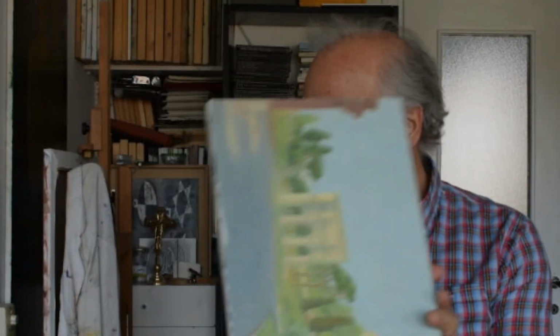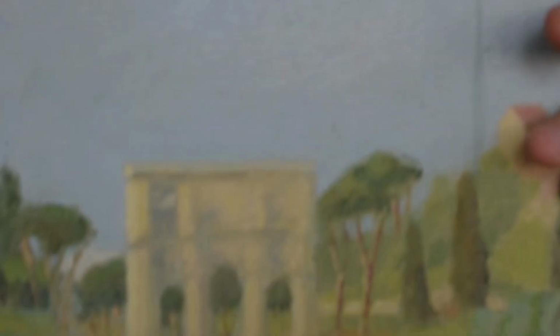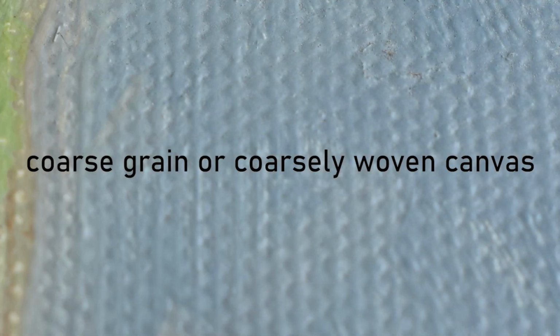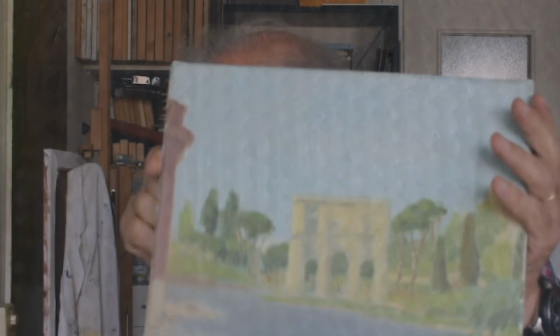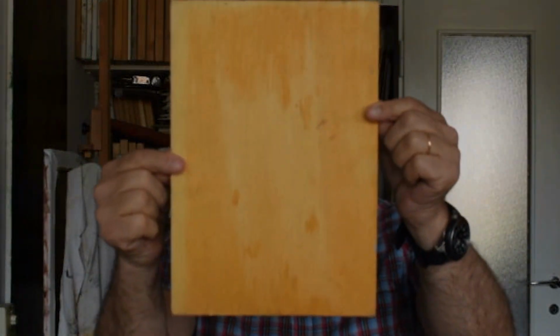So you have coarse grain and fine grain. Here's a painting that's on a very, very coarse grain. You can see the grain, the threads of this canvas, but you don't necessarily have to paint on canvas. This is a piece of wood, right?